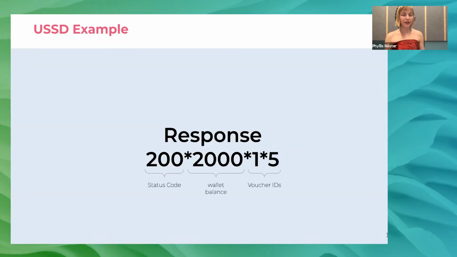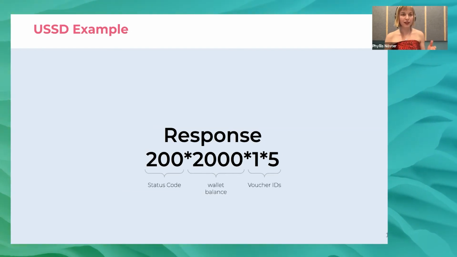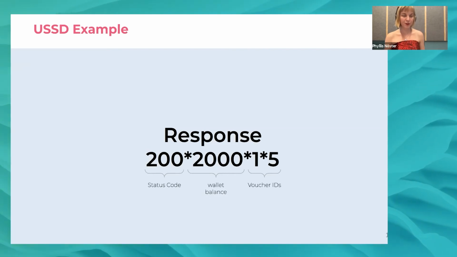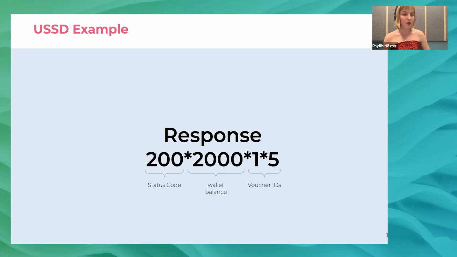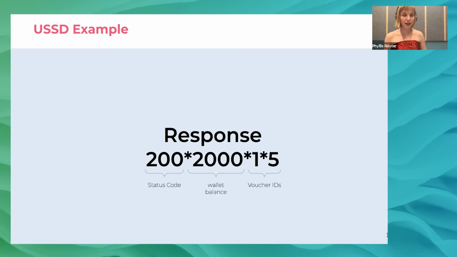Our backend will then return this response to the telecom provider, who will return it to the application. The first number, the 200, is a status code, so everything went through fine, and we were able to get a response. The second part, the 2000, is the wallet balance of the beneficiary.